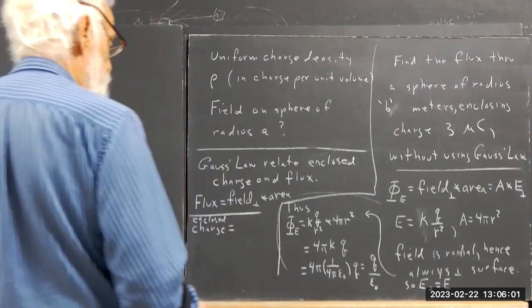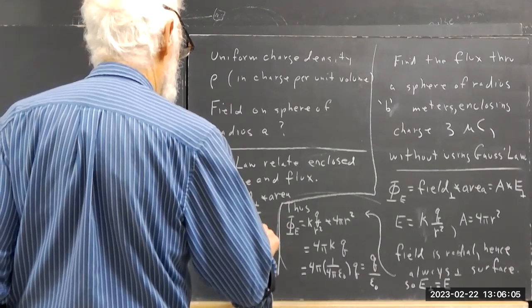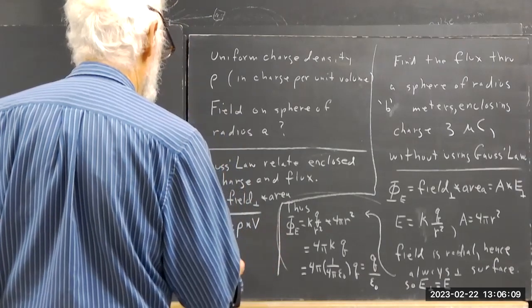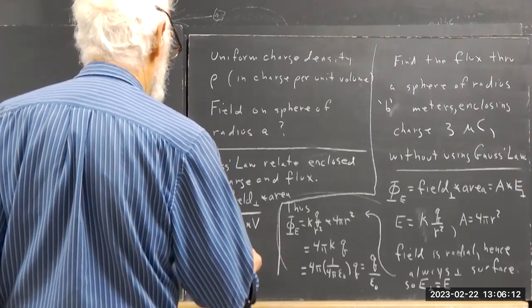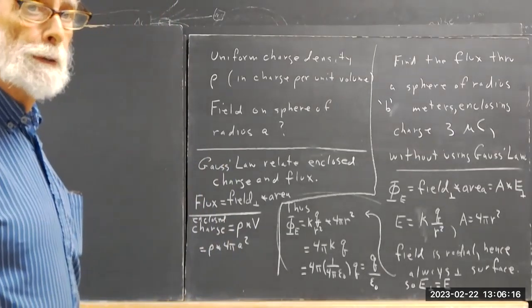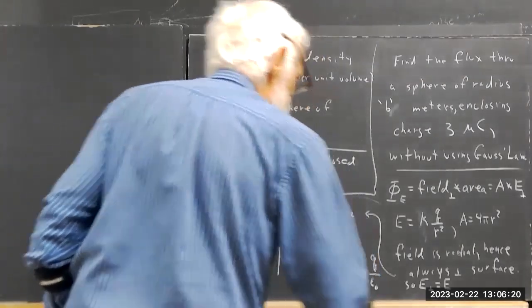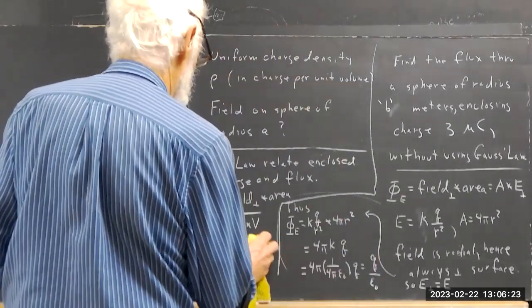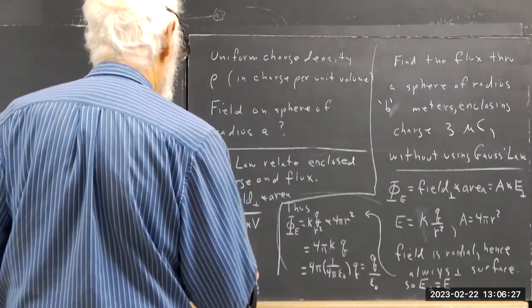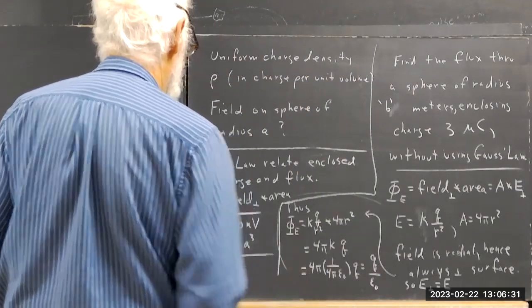Enclosed charge is rho times volume, which is rho times 4/3 pi a cubed, right?